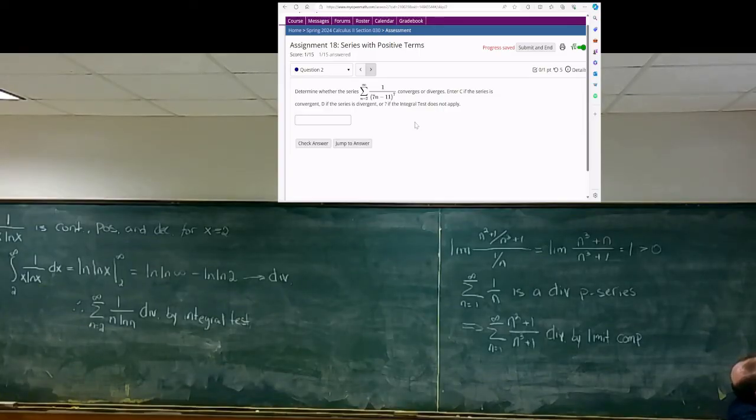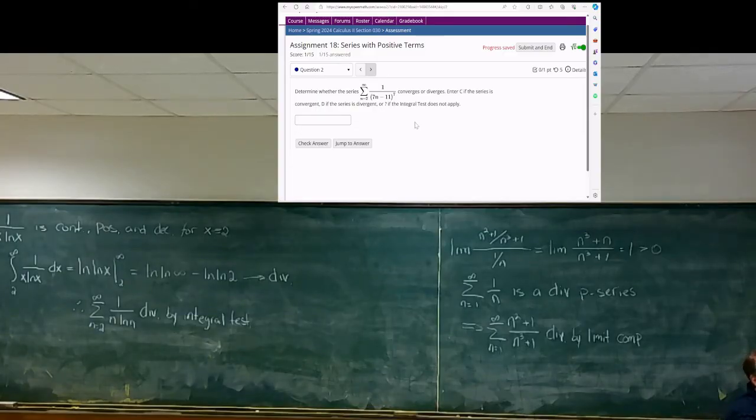Okay, so they want us to use integral test again. So first, would the integral test apply? Can n be like decimals and fractions too? No, technically n is only an integer.